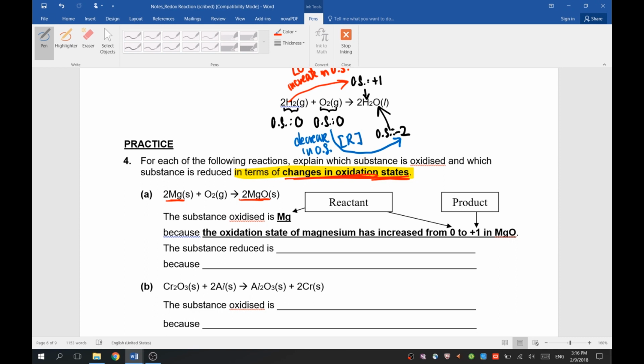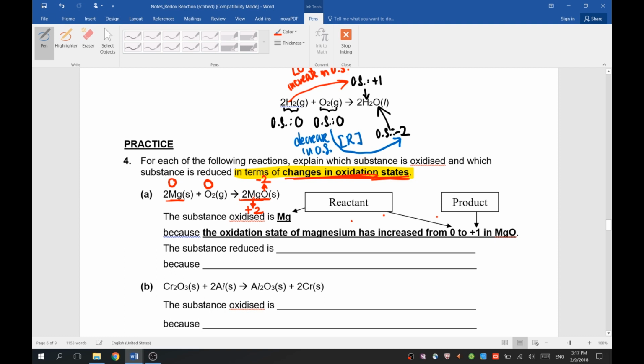So let's take a look at how to deduce the oxidation state. Magnesium is an element, so the oxidation state is 0. Oxygen is an element, so same thing, the oxidation state is 0. But in magnesium oxide, because it's a compound, you should know that the oxidation state of oxygen in a compound is -2. Whereas magnesium, to balance out the charge, will be +2. In fact, you should already know that magnesium is a group 2 element, so it should be +2.